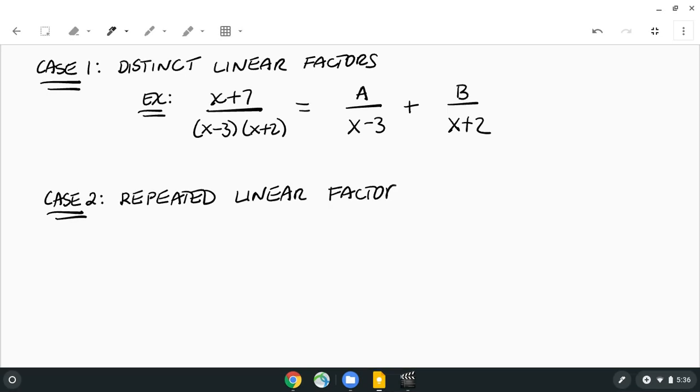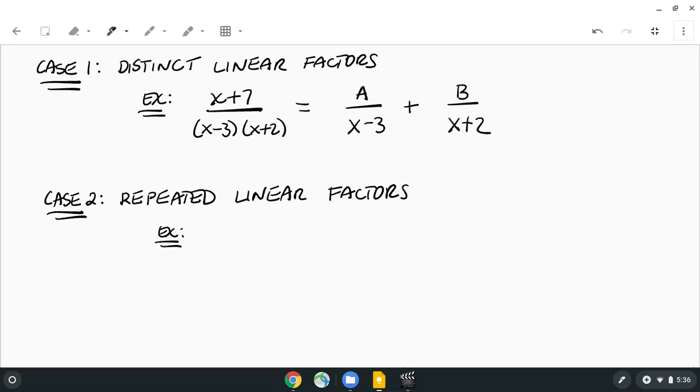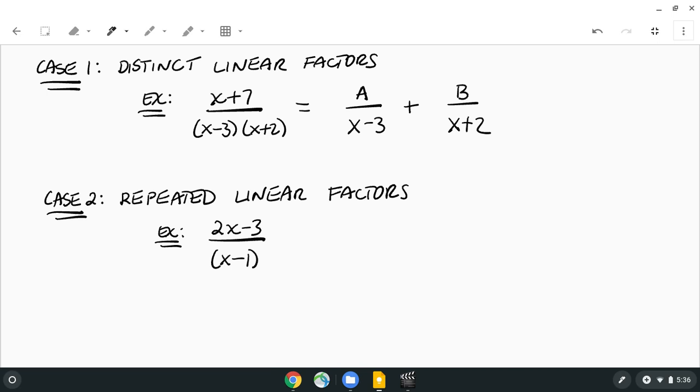For example, suppose you have this one, 2x minus 3 over x minus 1, and suppose that it repeats 3 times.